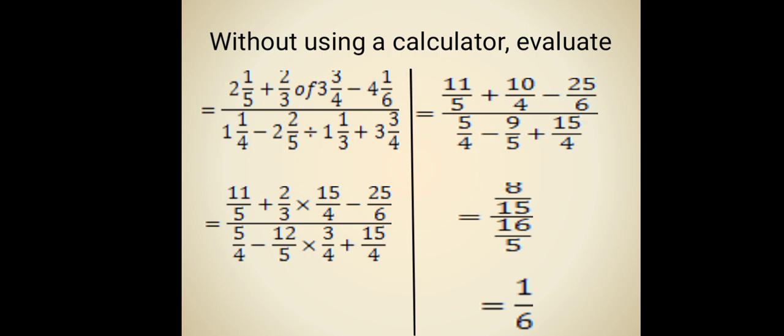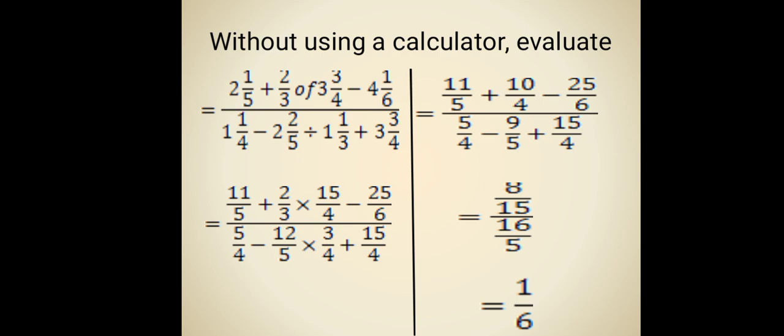And then the denominator, we can simplify this part of division first. 2 and 2/5 divided by 1 1/3. It's like multiplying 12/5 and 3/4. Now we continue simplifying. We have changed everything into improper fractions.